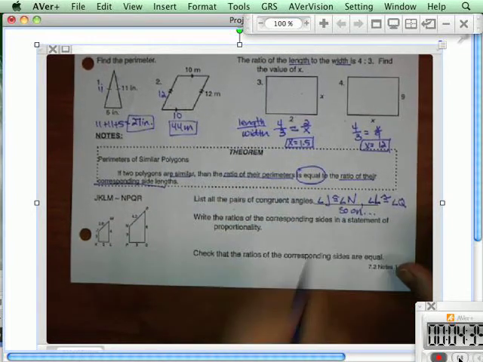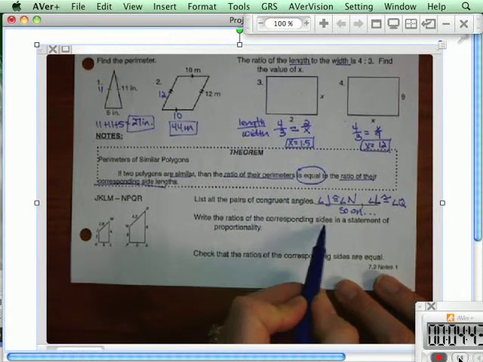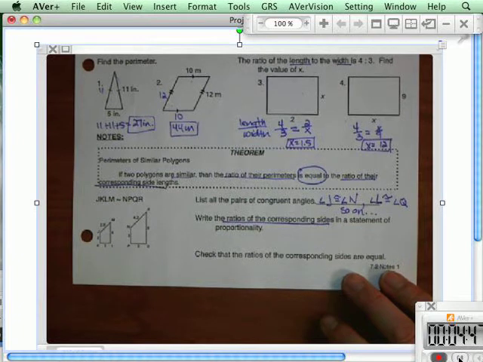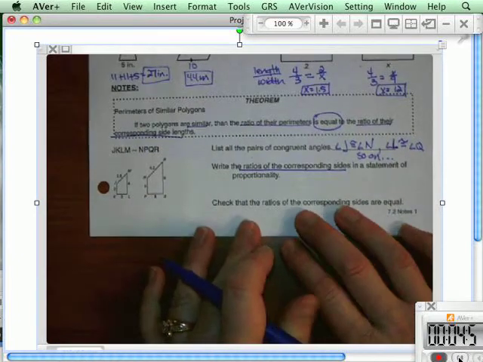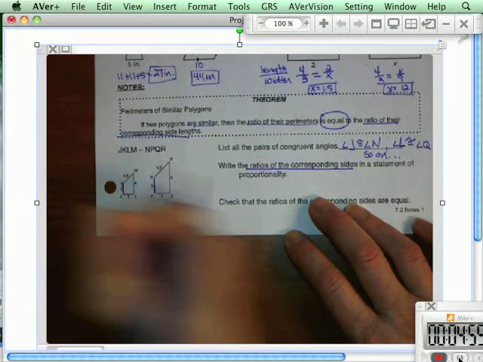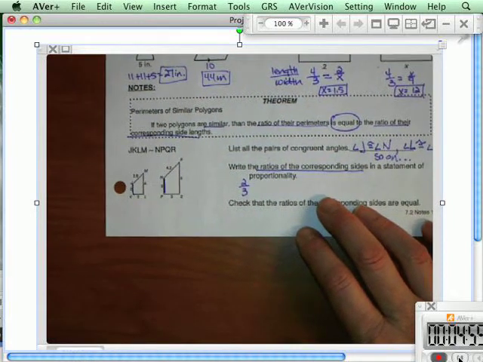Okay. Now, write the ratios of the corresponding sides in a statement of proportionality. Okay, so if I'm talking about JK to NP, that's 2 over 3. Yep.